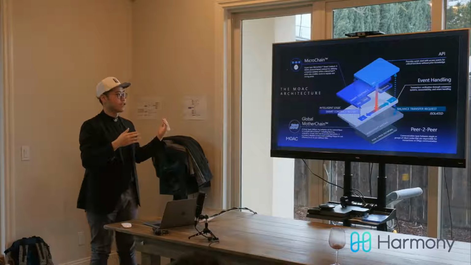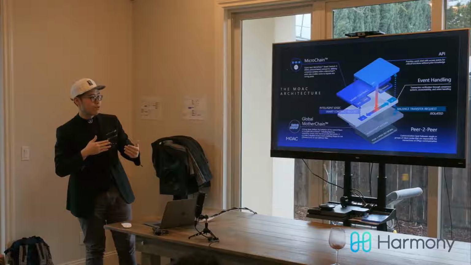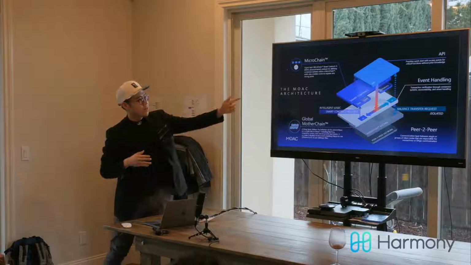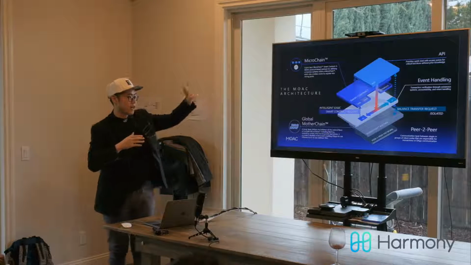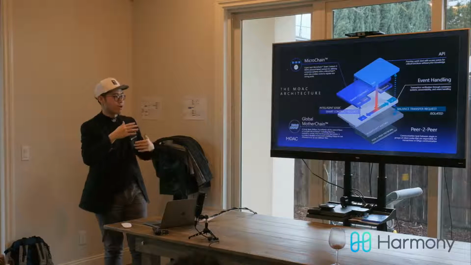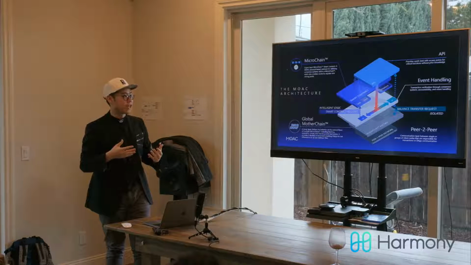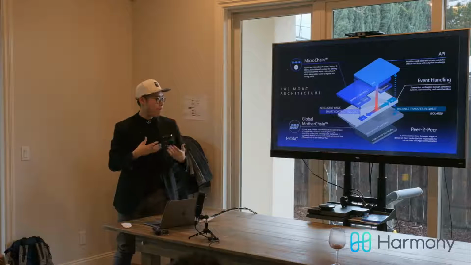When a transaction comes in, we check whether it's a balance transfer or a smart contract. If it's a balance transfer, then it goes to the right, and this transaction is relayed to the bottom layer, where we do a regular proof of work validation, and we handle the balance transfer on the global POW layer.